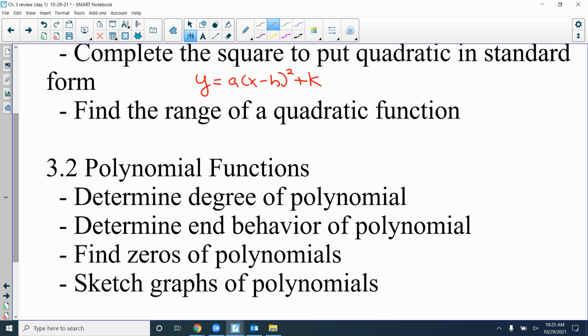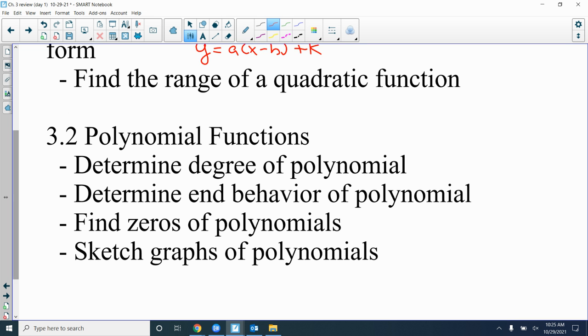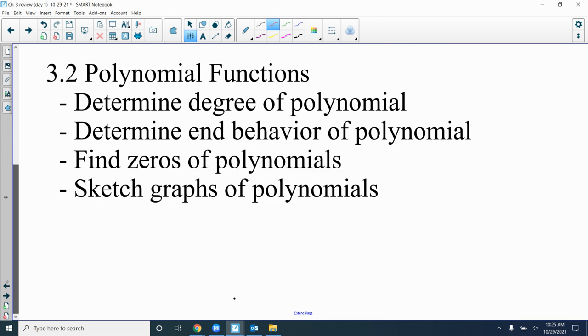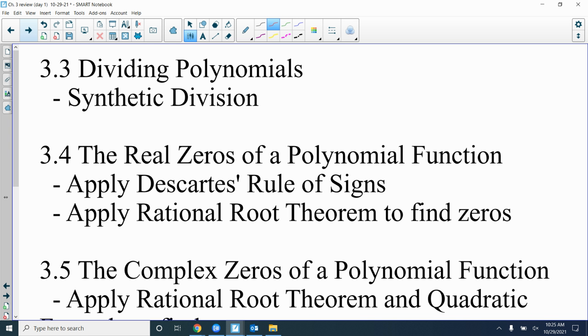So it's been hit multiple times. Finding zeros, sketching graphs. So you got to understand multiplicity of 1, multiplicity of 2, multiplicity of 3. 3.3, synthetic division and long division. Synthetic division just comes up naturally when we're solving for higher degree functions. Real zeros of a polynomial function, you do need to know Descartes' rule of signs. We'll do one like that today. Rational root theorems.